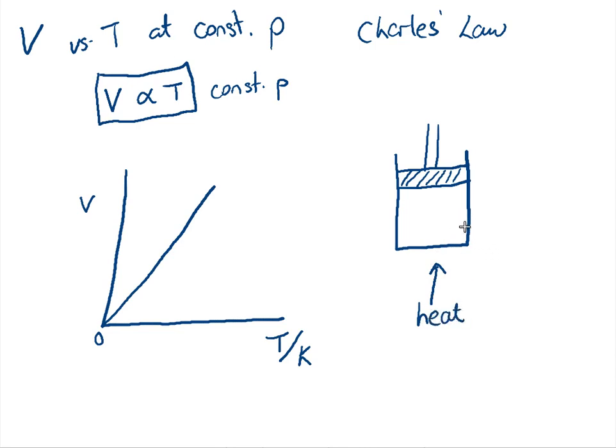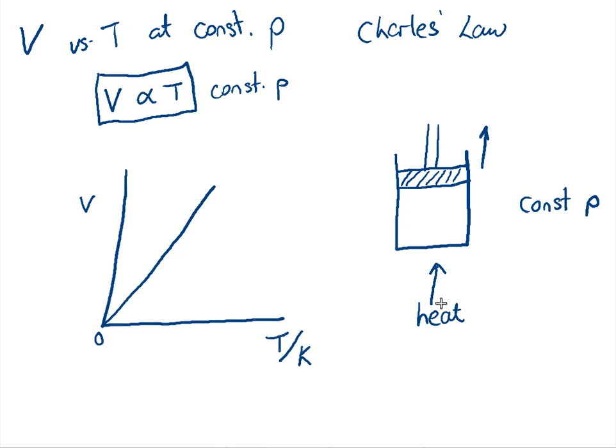Our molecules are going to move faster, the collisions are going to become more frequent. But remember, now we've got constant pressure. And so what's going to happen? Well, in order to maintain constant pressure, the volume would have to increase, because it would have to counteract the effect of what the heat is doing.